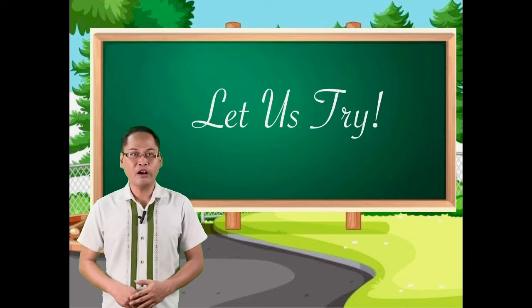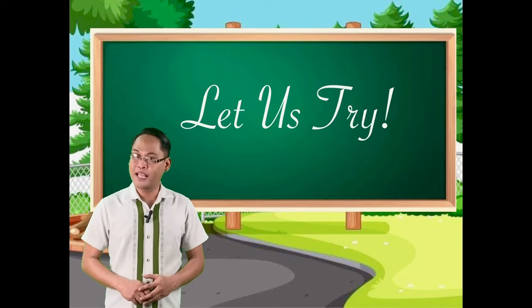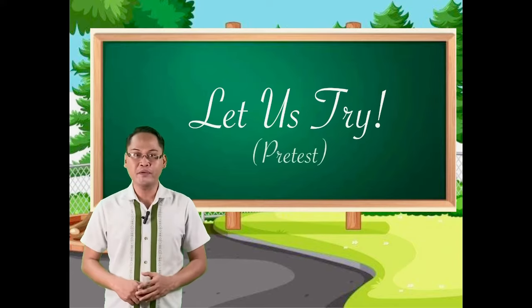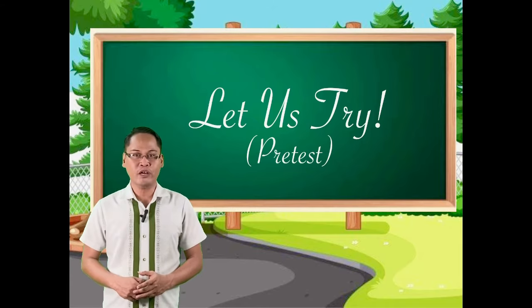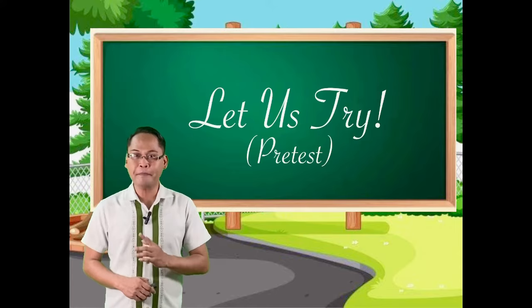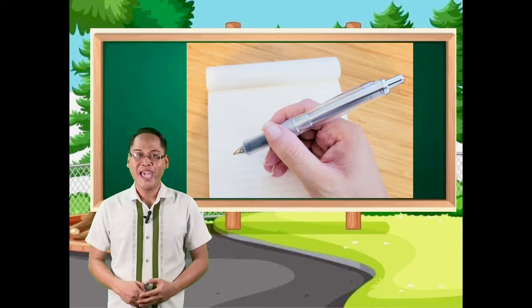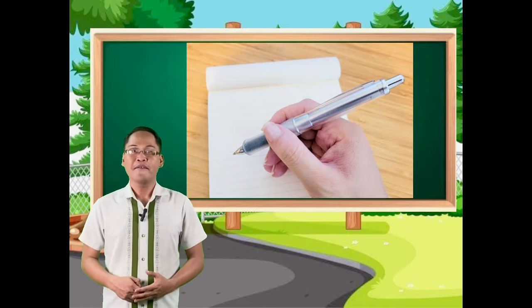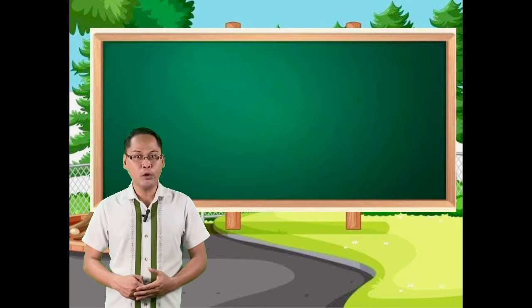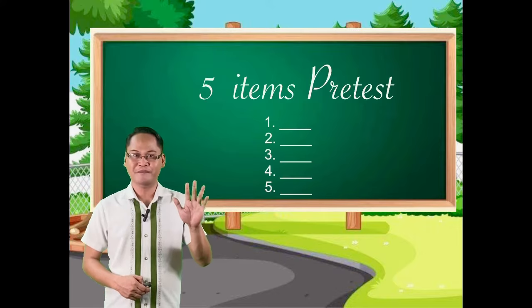But before we dig deeper into this day's lesson, let us try answering the pre-test, which will measure your previous knowledge about the topic. So, hold your ballpen and paper now and get focused. This exercise is composed of 5 questions.